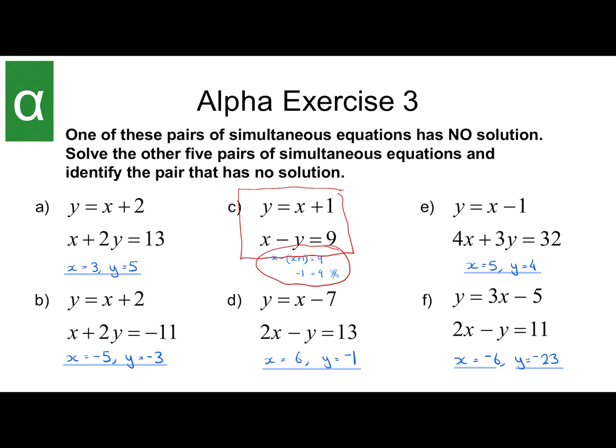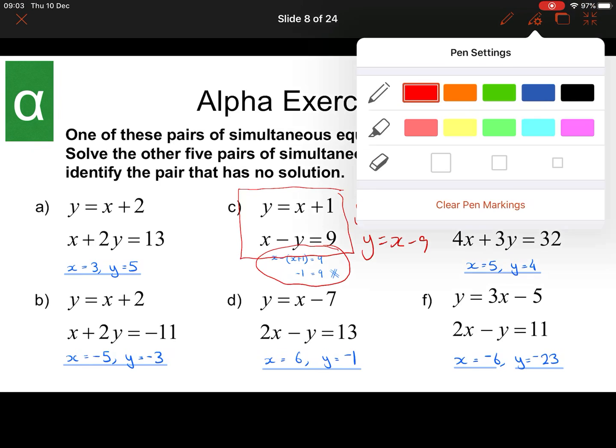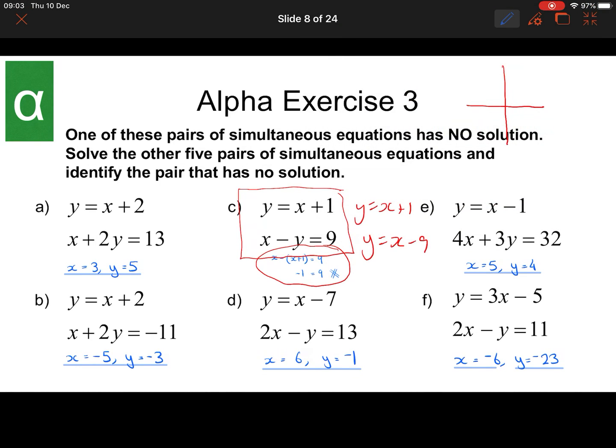Now, let's try and understand why this one has no solution. I could rearrange the second equation to y equals x minus 9. So I've got y equals x plus 1 and y equals x minus 9. If I plotted them on a graph, in a rough sketch, remember y equals mx plus c, where m is the gradient.